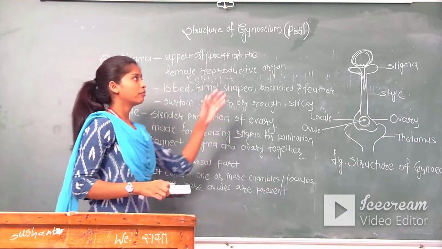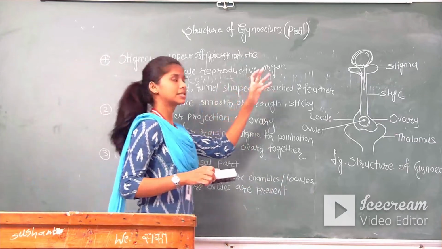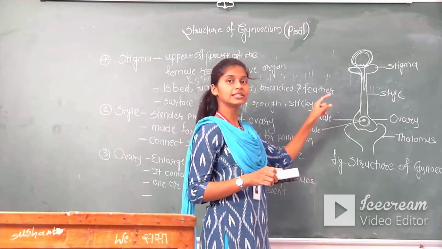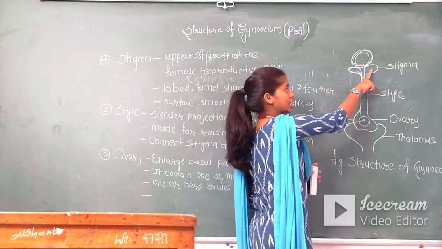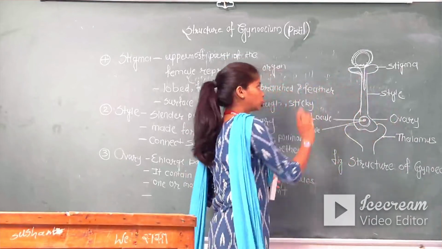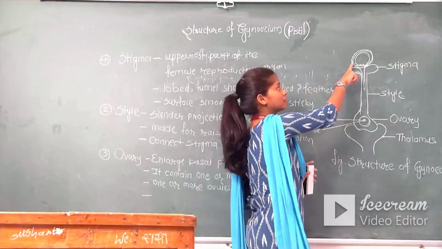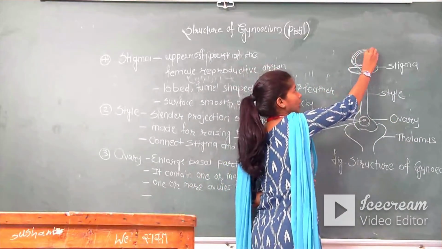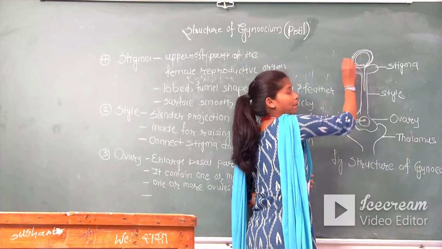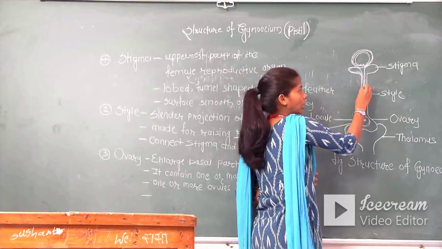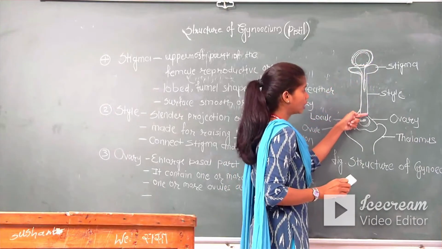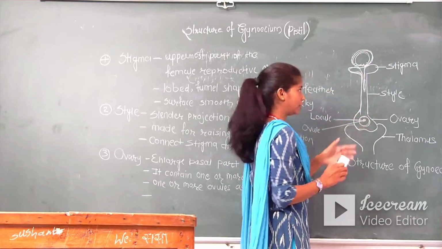What happens when pollen grains are deposited on the stigma? If that pollen grain is compatible, then that stigma will secrete some sugary substance and this pollen grain will germinate. As soon as this pollen grain germinates, it will form a pollen tube. That pollen tube passes through this style and comes up to this ovary.